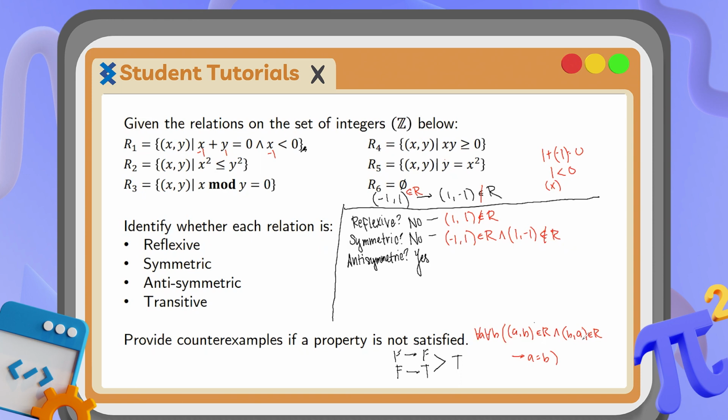Not even 0, 0, because if I say 0, 0, it's not part of the relation, and so is its counterpart 0, 0, which implies that 0 is equal to 0, and this would be true. And if you try other values, it would also be true as well. So therefore, this one is antisymmetric.